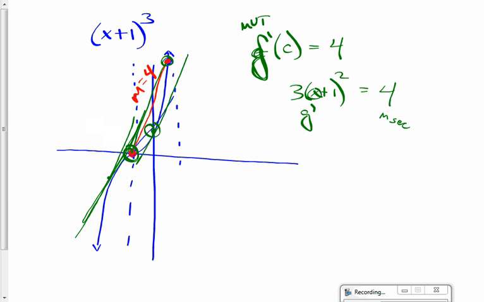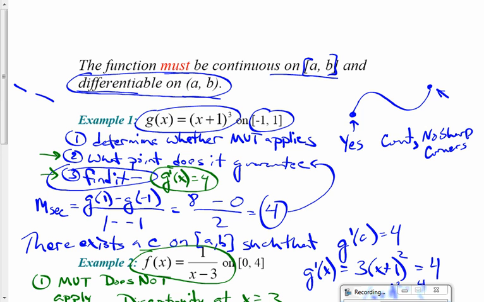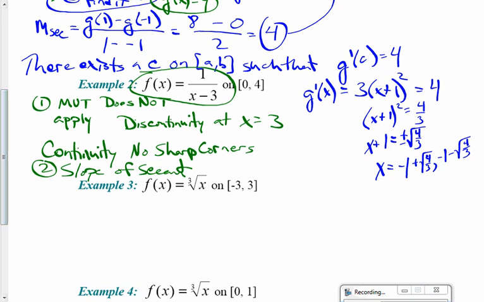We don't necessarily need to plug it back in. If you plugged it back into the original function, you would get the ordered pair, but it's pretty rare that you have to actually find that, especially with values like -1 plus or minus the square root of 4/3. You're probably not going to need to evaluate that.